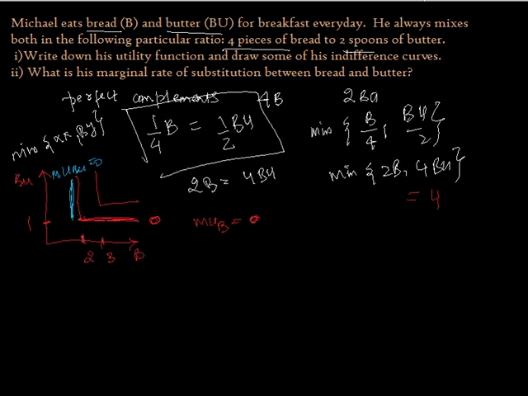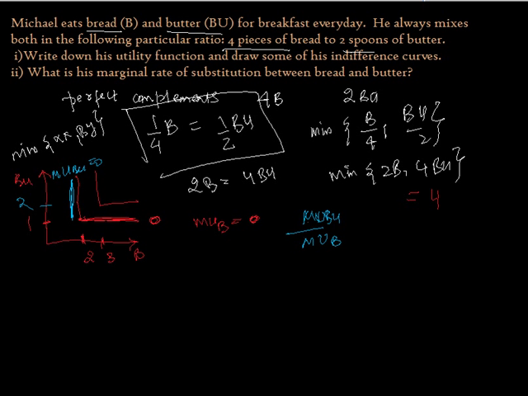If you are here, you have 2 units of butter but just 2 units of bread, more butter will again not help, so you can give up any amount of butter for that.